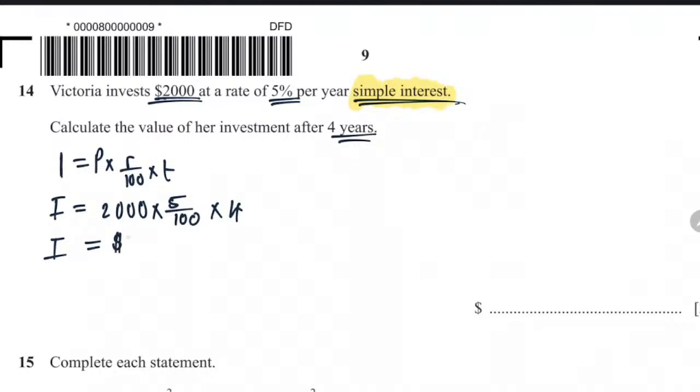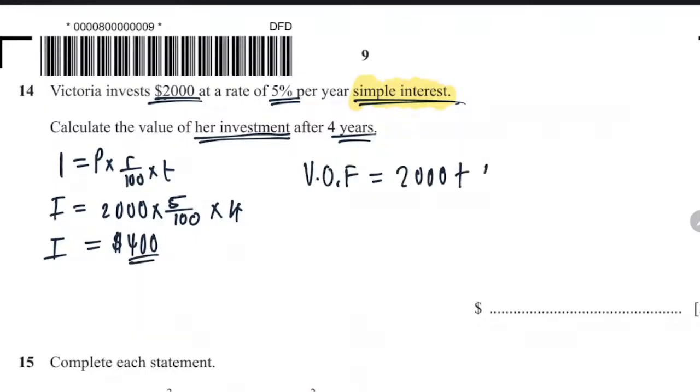Okay. So now they want the value of investment. You now say value of investment will be equal to the principal, 2,000, plus the interest, 400. Then you'll get 2,400. Are we together?